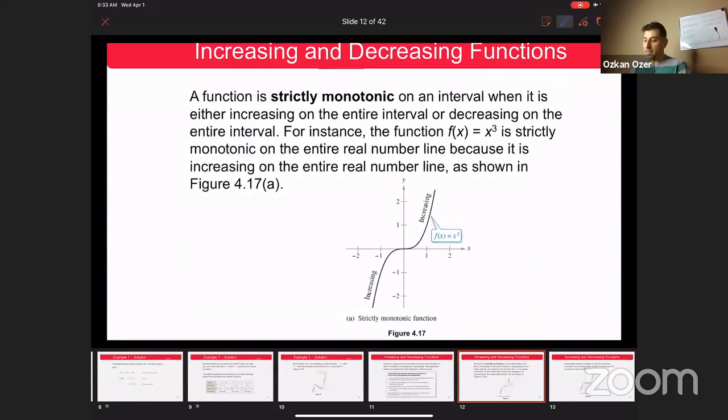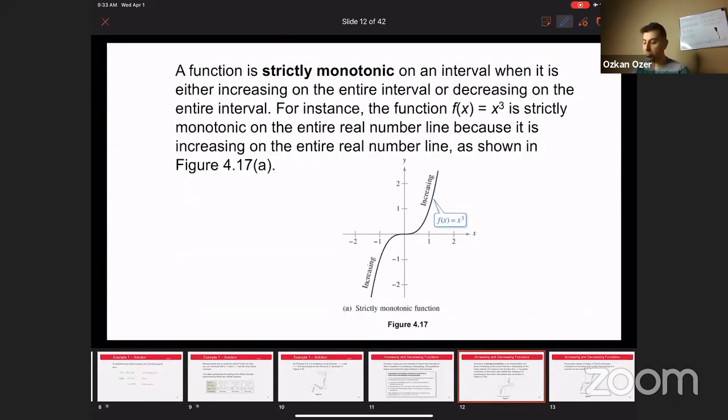Here is just a quick definition. We call a function strictly monotonic on an interval when it's either increasing on the entire interval or decreasing on the entire interval. For example, the x cubed function, f of x equals x cubed, if you just graph it all the way from minus infinity to infinity, you can see that it's strictly increasing, right?